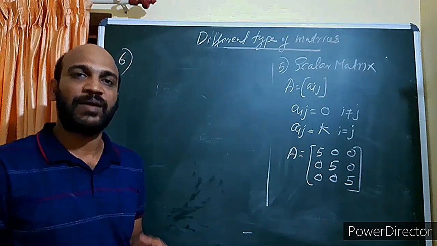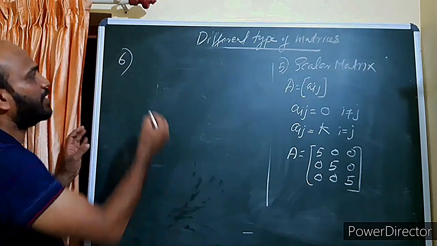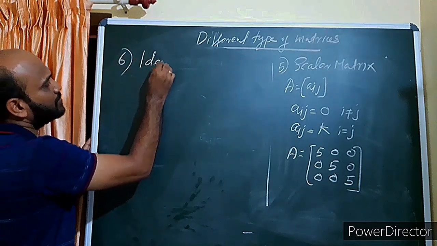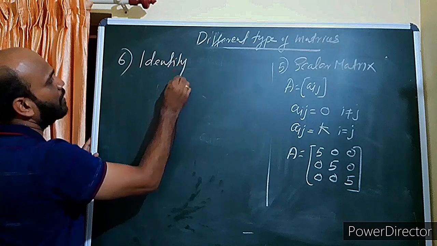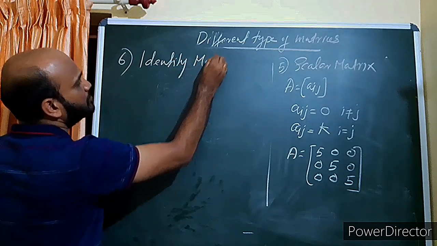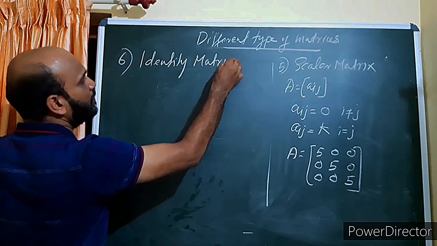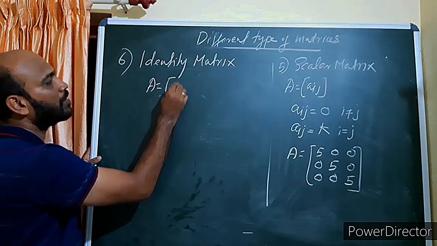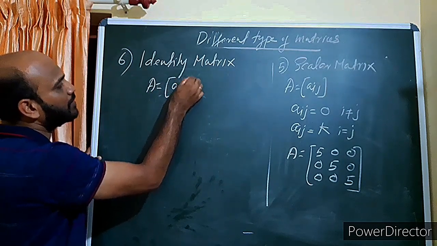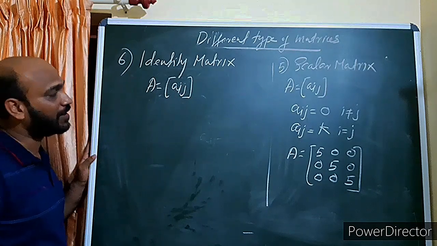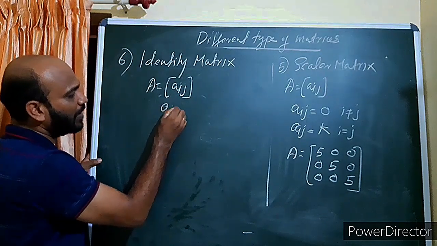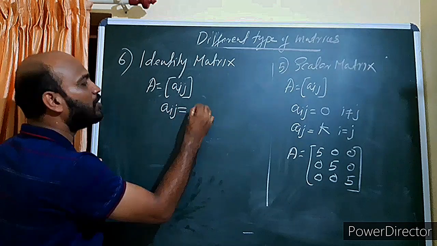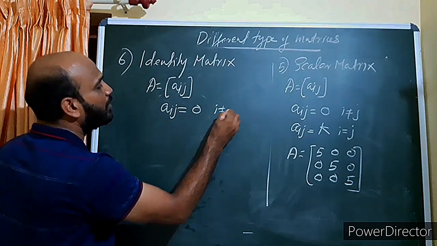Now, the sixth type of matrix, that is the identity matrix. Definition: a square matrix A equal to Aij is said to be an identity matrix if Aij equal to 0 for i not equal to j.